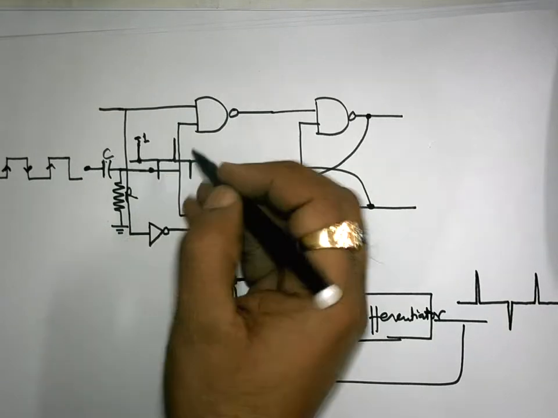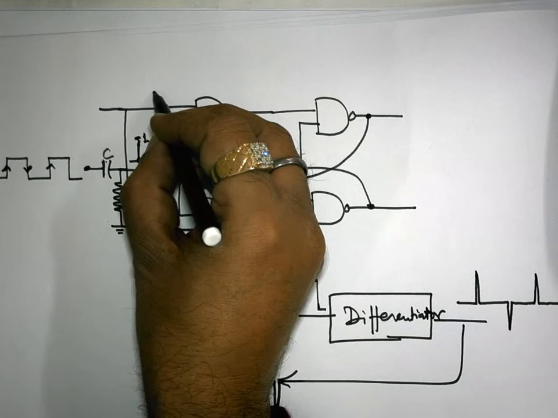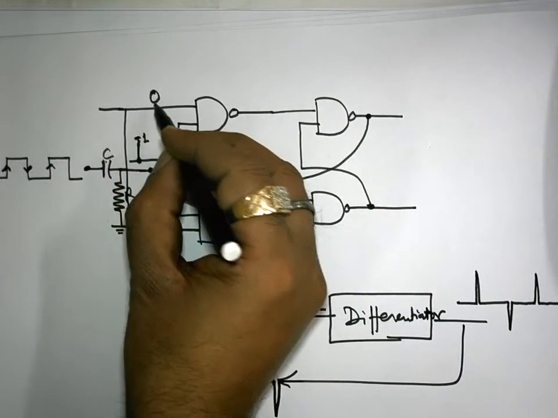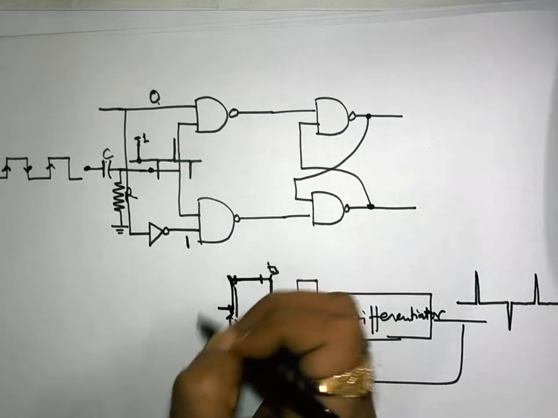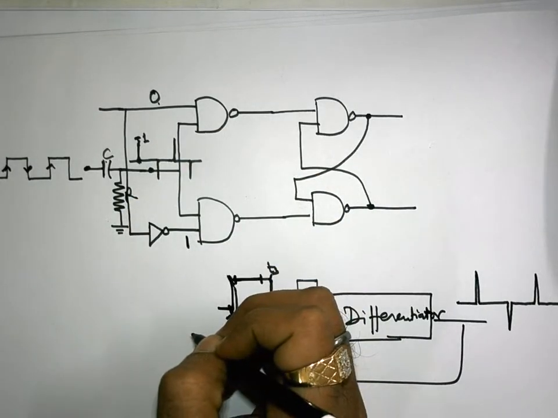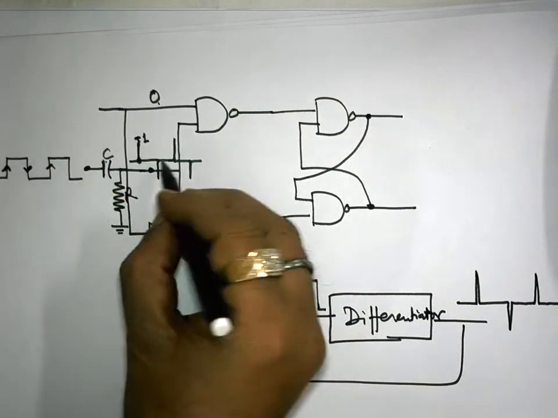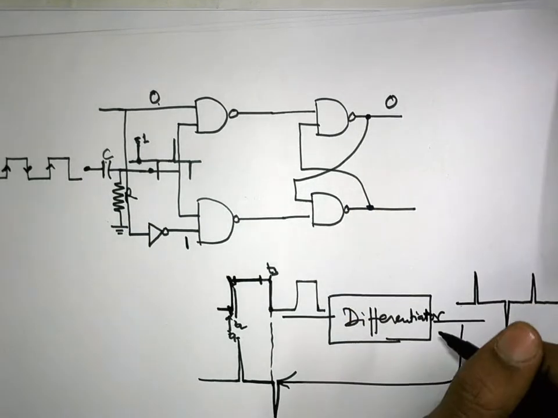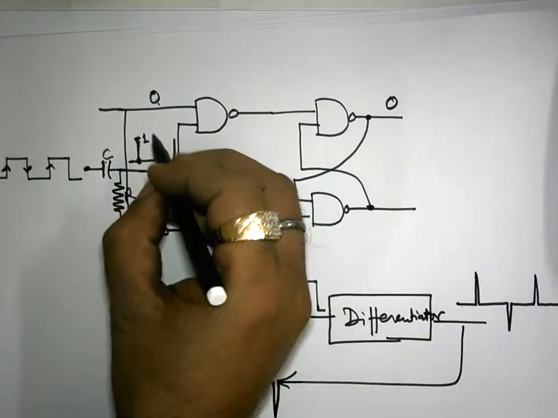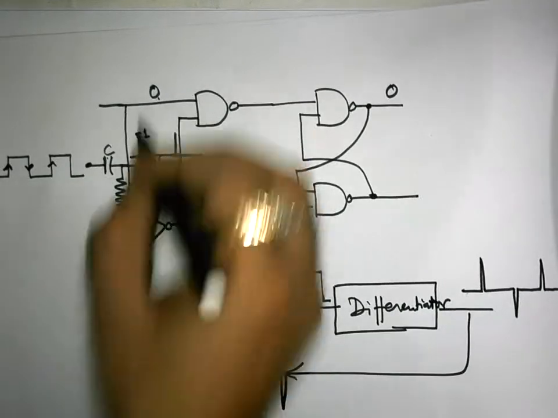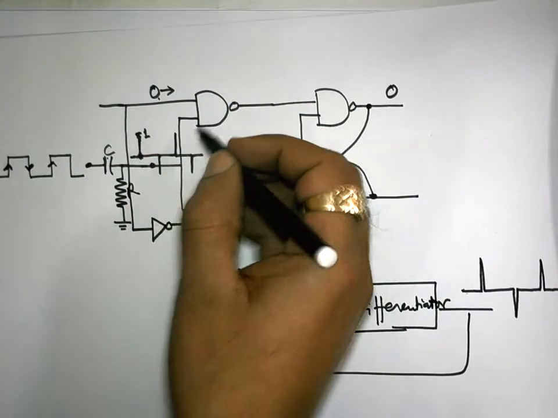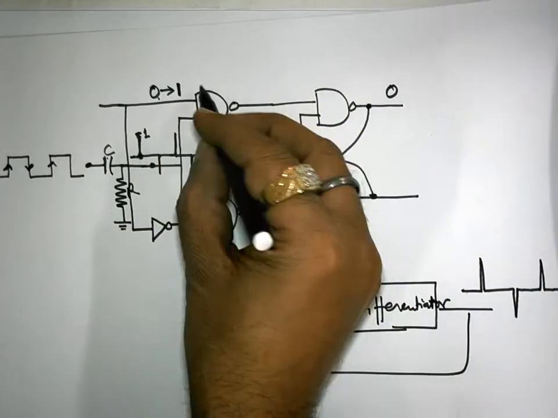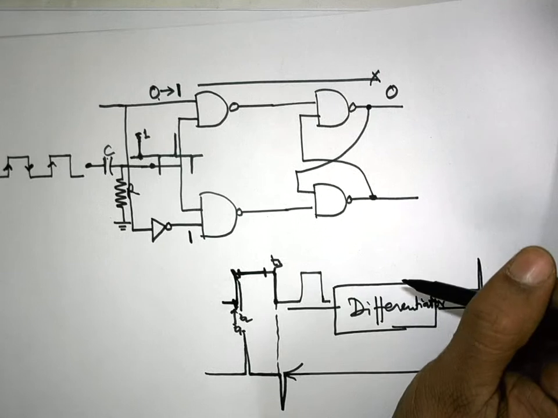Now if something is there at the D input, say 0 was here, naturally 1 would be here. And when this positive spike comes, this 0 will be latched at the output. After this time, even if we change our input, say from 0 to 1, it will not be entertained at the output.